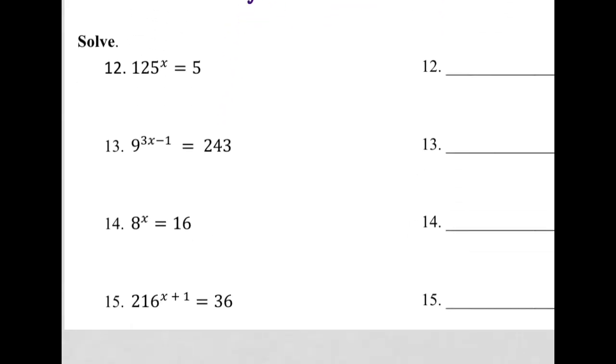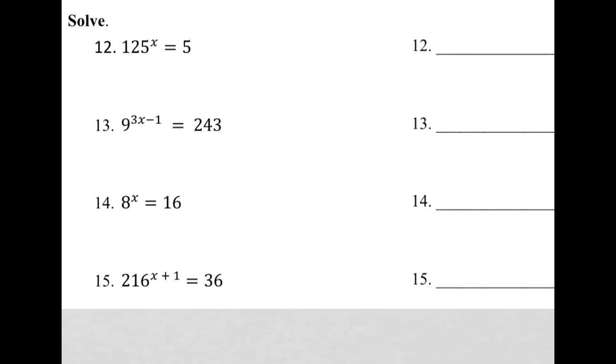All right. 12, 13, 14. We've got to get our base to be the same before we can solve these equations. Okay, so I have a 5 on the right-hand side of the equal sign. So if I could use 5, I'd like to use 5 for the left-hand side of my equation. And so 125 is 5 cubed.